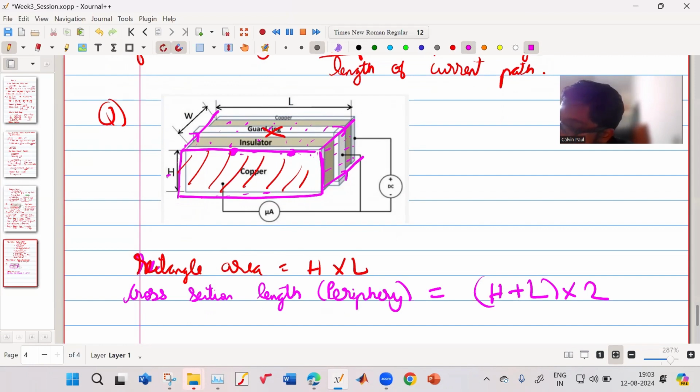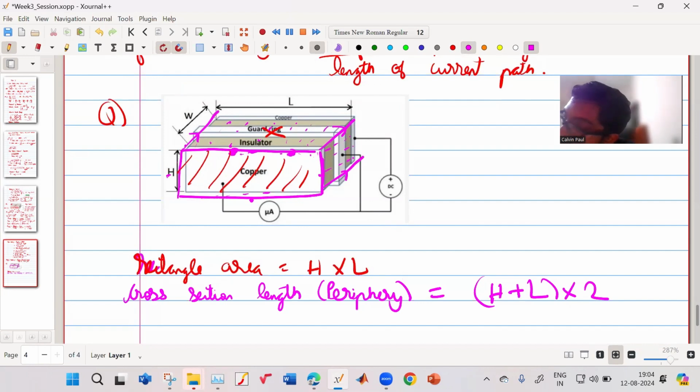One H at this side, one H at this side, one L at this side, another L at this side. So 2 times of H plus L. Understood? So this is my cross-sectional length I found out.